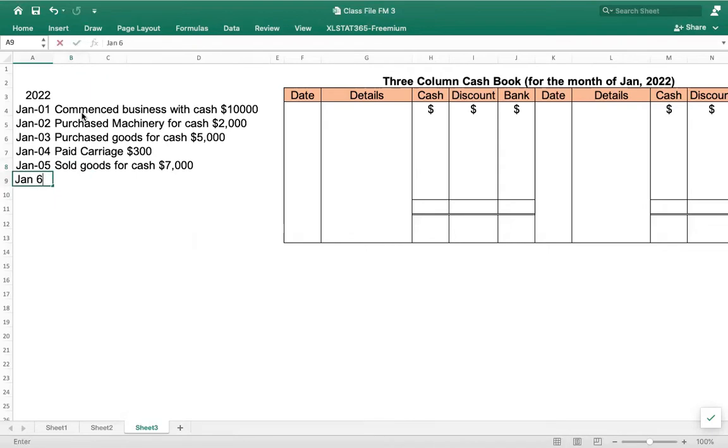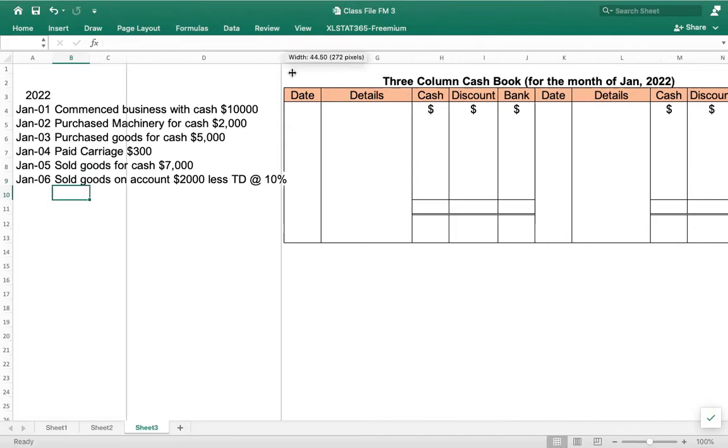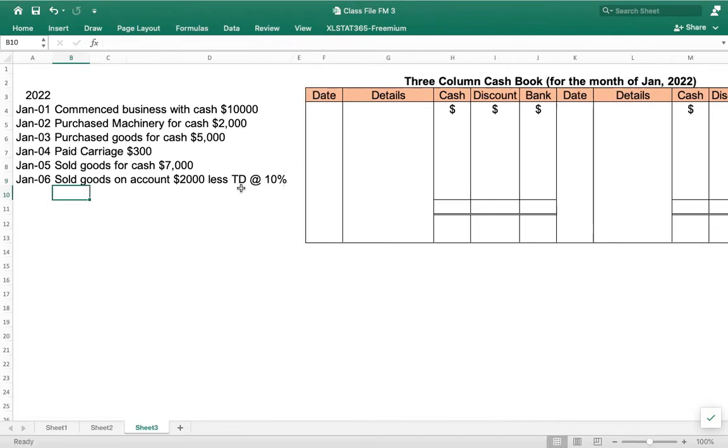Then Jan 6th, sold goods on account, let's say 2,000 and less trade discount at the rate of 10%. What is trade discount? That also we will discuss. TD means trade discount.